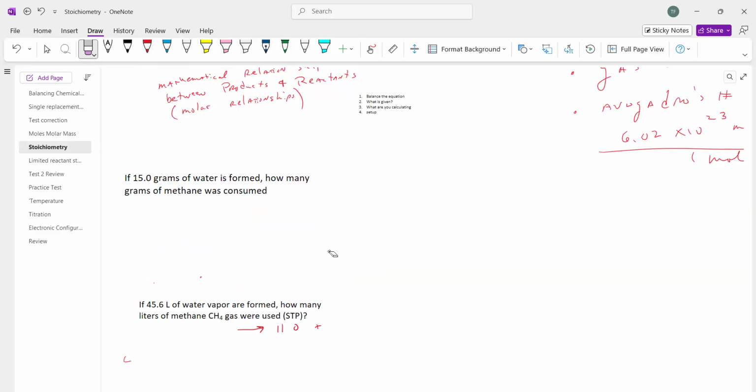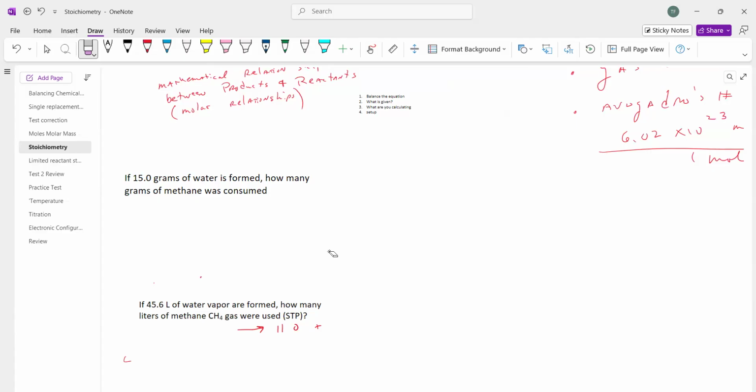All we've done is rename it. Today, we're giving you something, and then we're asking about something else. And there's a reaction that happens. So that's why we're balancing the chemical equation, is for that reason.